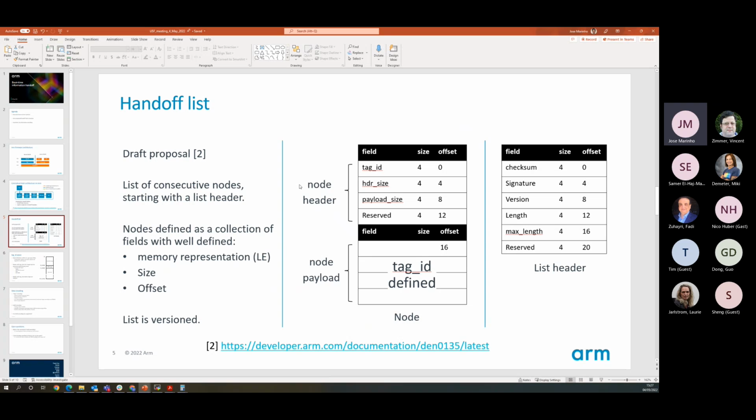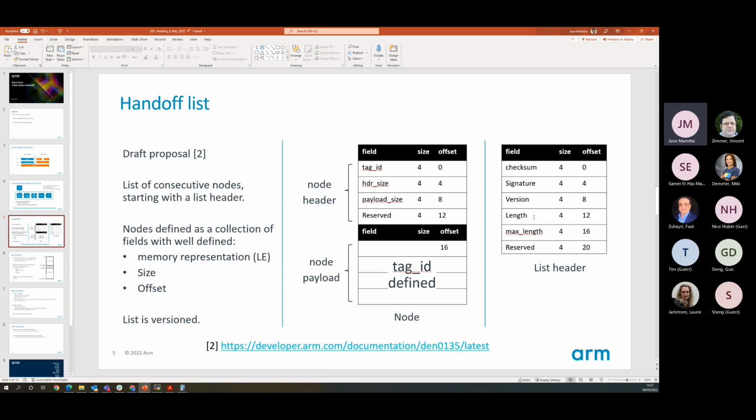So in our initial proposed solution, we came up with a design where you have a node header, which is very much like the HOB list again, and you have the node payload, which is defined by the tag ID in the node header, and this can be arbitrary in size depending on how the node is defined, but can be larger than 64K. So the handoff list, as it's defined, will start with a list header that determines the version of all the nodes contained in the list.